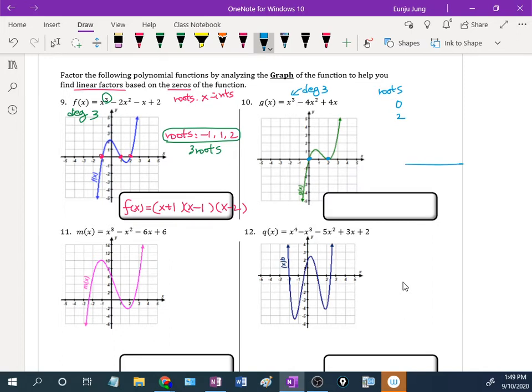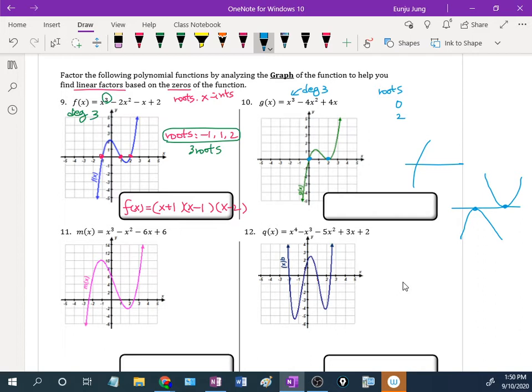If the graph is passing through like that, the multiplicity is 1. If the graph does not pass through, it turns like that, and we have multiplicity 2. The graph is going down and touches the x-axis and turns around rapidly, and at that point we have a solution, but it has multiplicity 2.